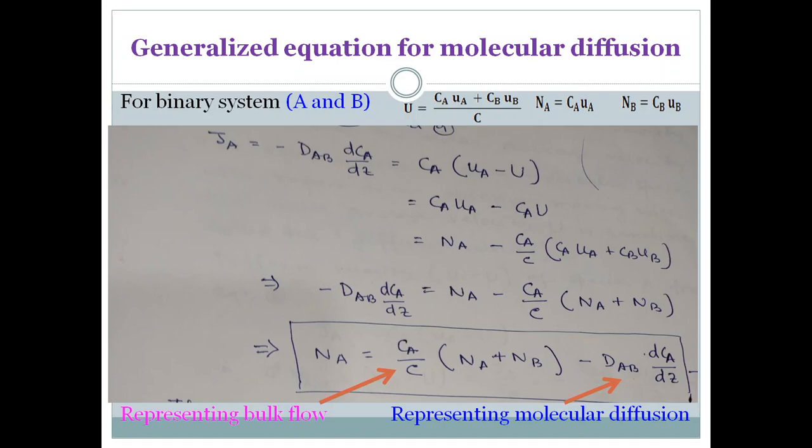When all people try to come out, that means there is an average velocity. But among this crowd, maybe one more energetic person will push the other people and come out first.